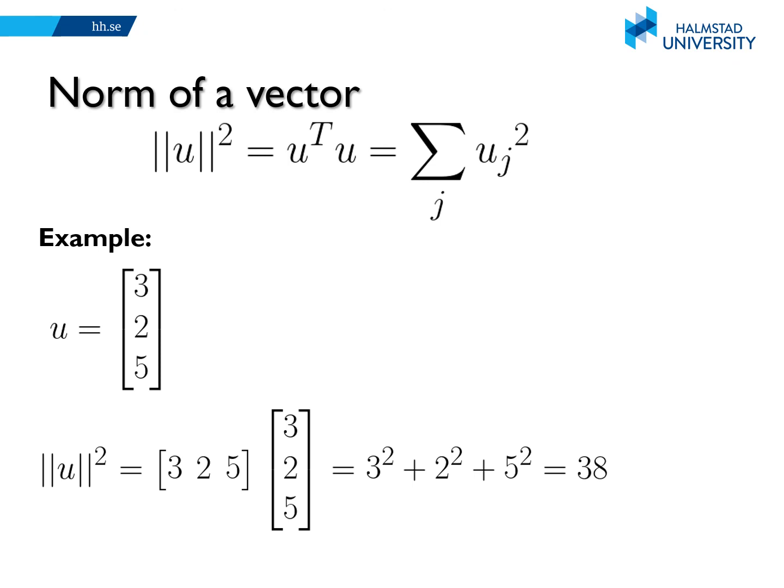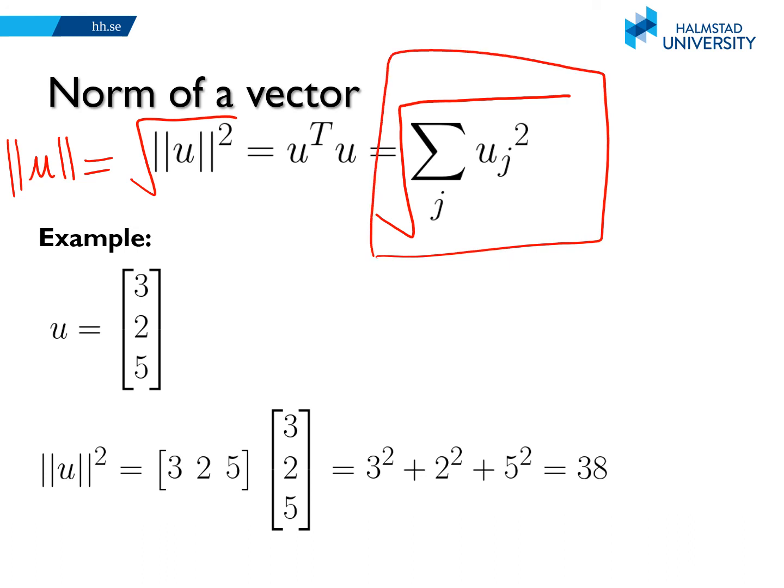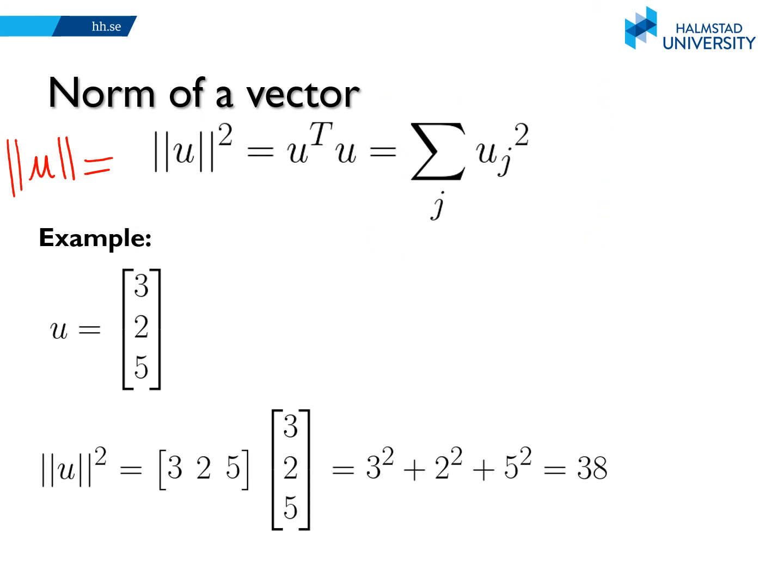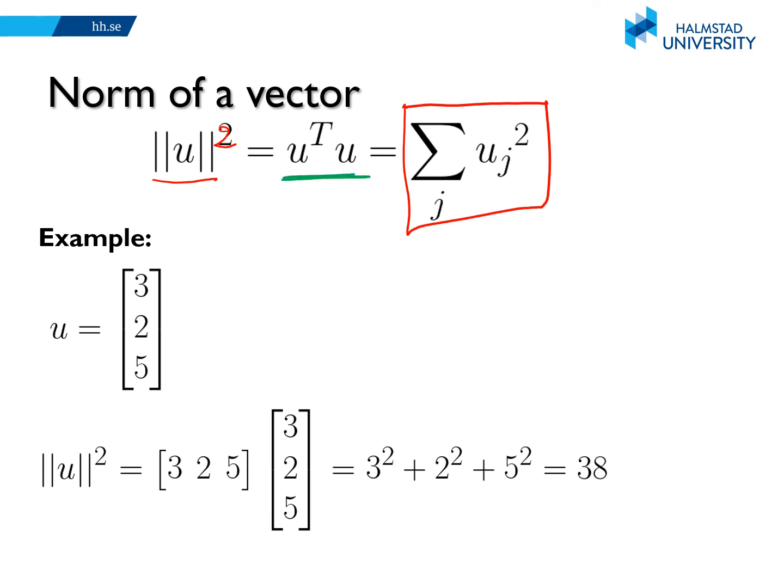From the previous definition of a norm, we had that the norm was equal to this. So if you have a vector u, its norm is this. But now let's talk about the norm squared. So let's remove this. The norm of the vector u squared is computed as this, but it can be written in a much more compact way based on the dot product between u and itself.